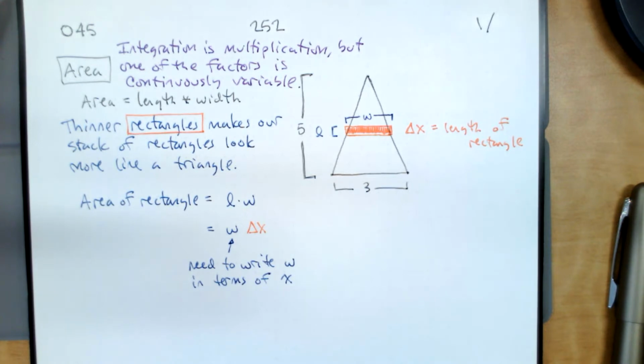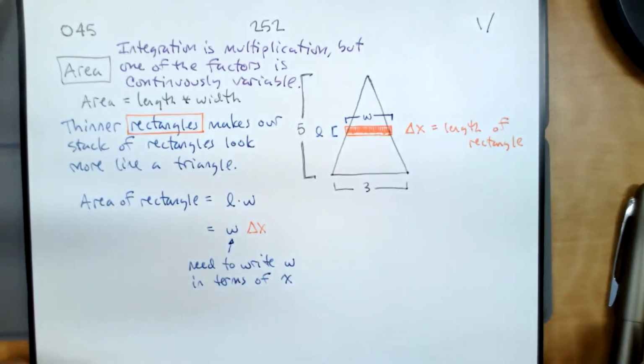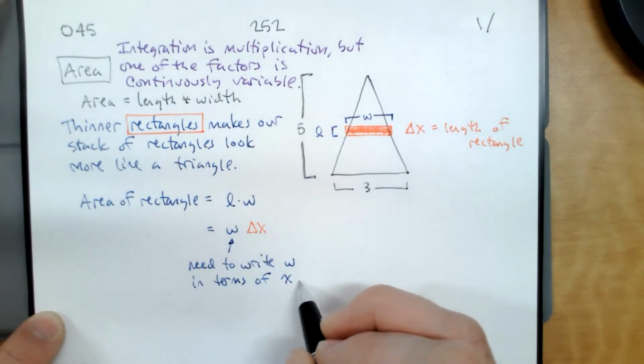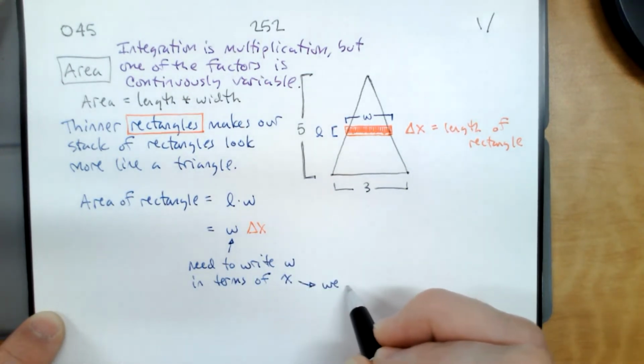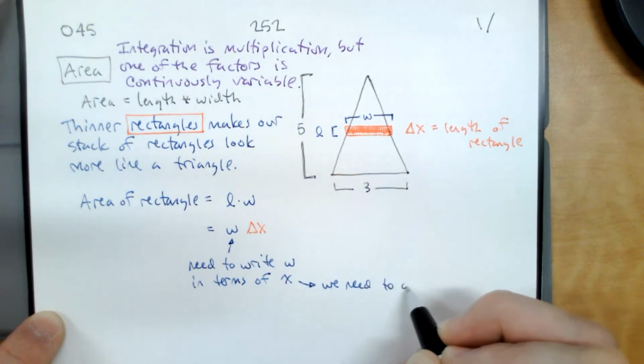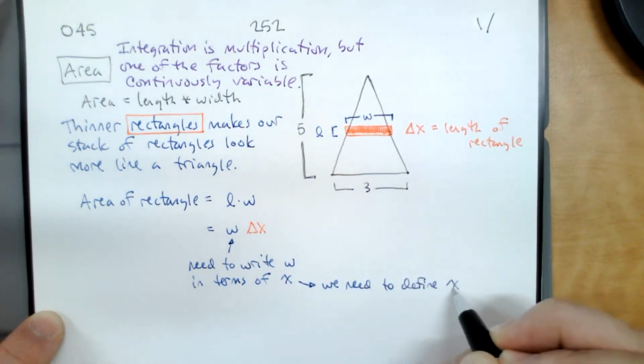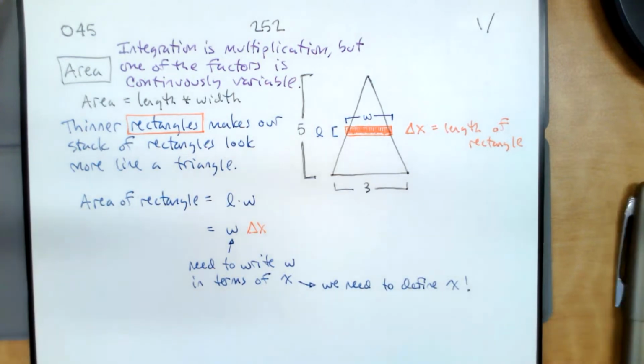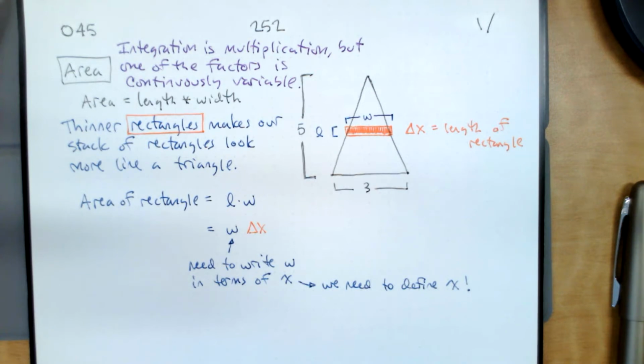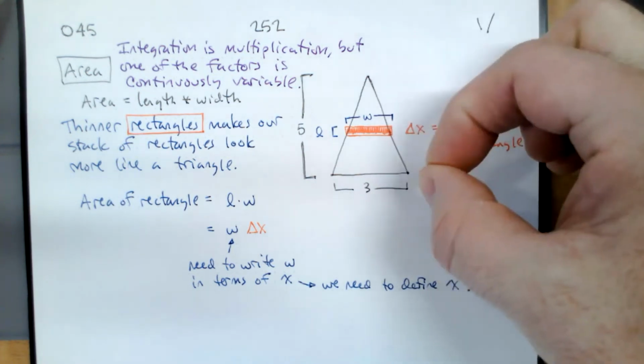That means that we need to define an x, because notice that my picture has no x in it. The important part about defining x is that it has to go in the same direction that your delta variable is getting thinner. Delta is squishing the height of this triangle.